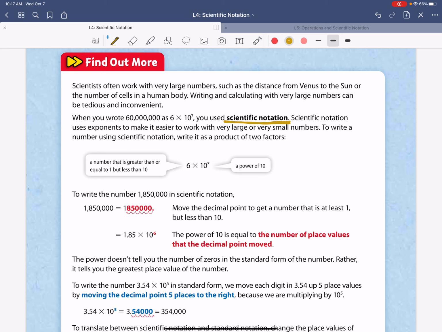So in order to get that, we need to have 1.85. And how we got that is we moved our invisible decimal point 1, 2, 3, 4, 5, 6 places to the left. So that means our power of 10 needs to be 10 to the 6th power.